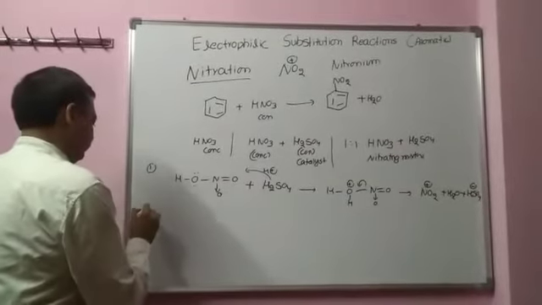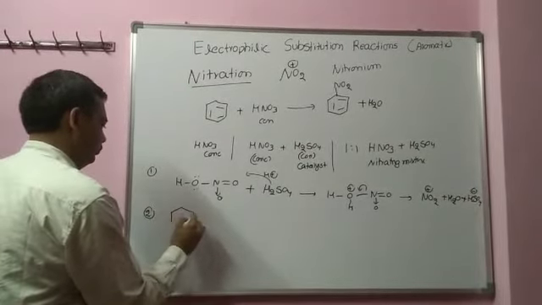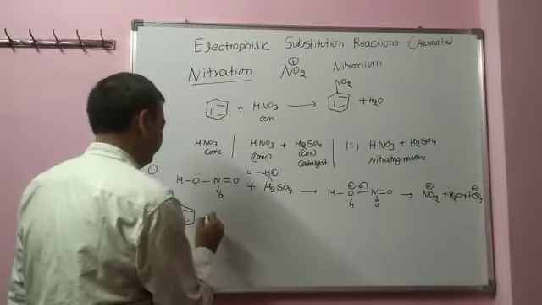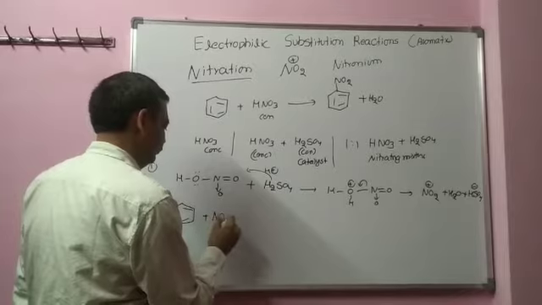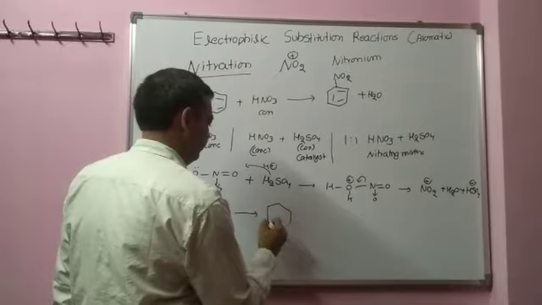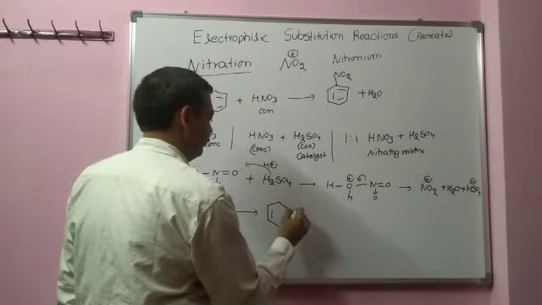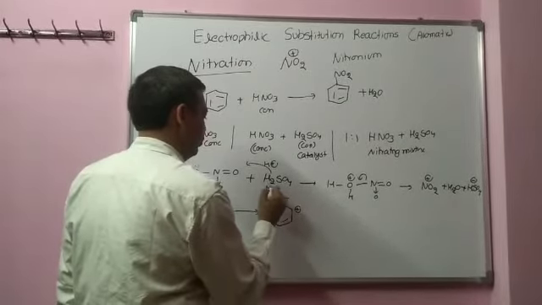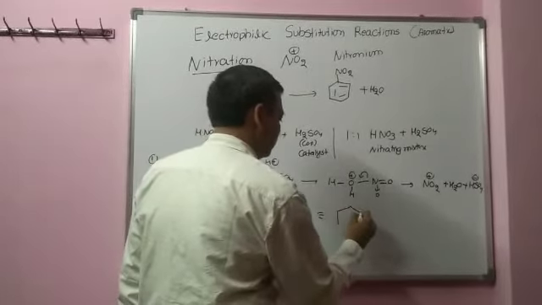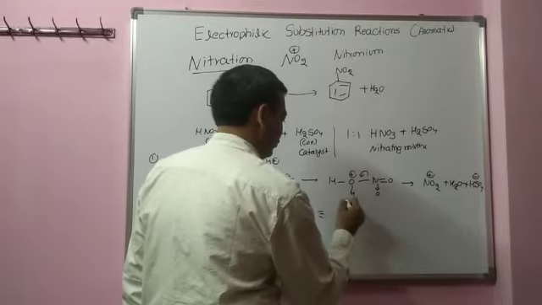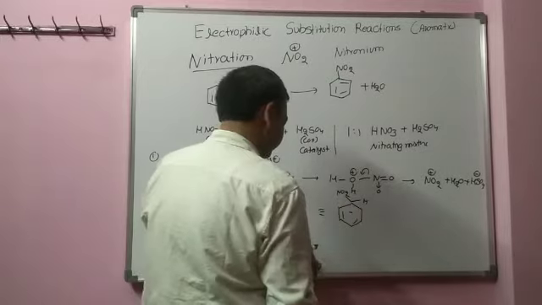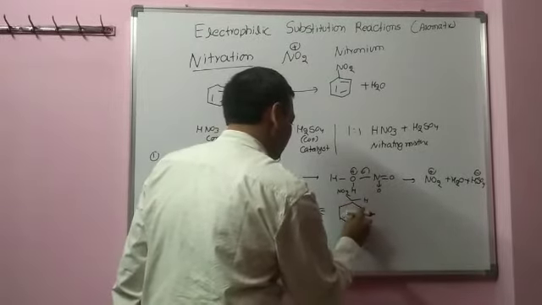In step 2, attack of the electrophile. NO2 and hydrogen on the ring, stabilized by a sigma complex like this.